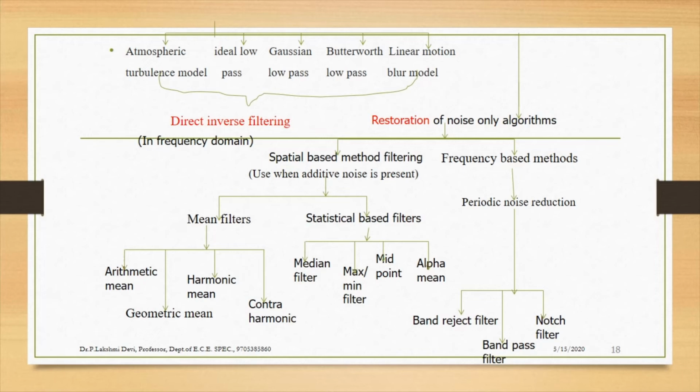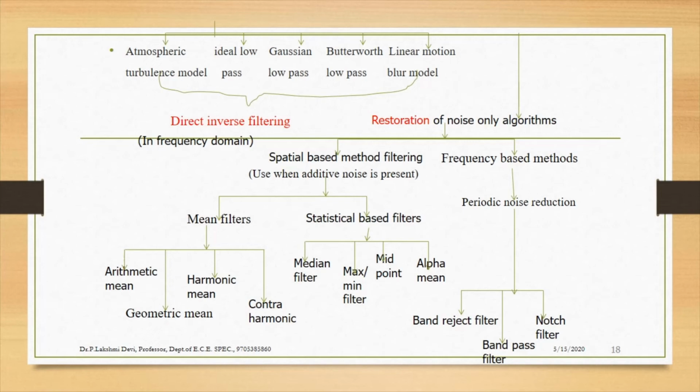Coming to the frequency based methods, periodic noise is removed by frequency based methods, and random noise is removed by spatial based methods. Just remember one more point here in image restoration: when to prefer spatial based filtering methods and when to prefer frequency based methods for minimizing noise.